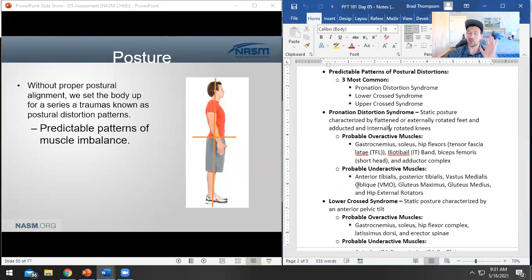Like we're looking for these specific things that are pretty common amongst all of our clients, right? It's like, we know sort of what problems are generally associated with postural distortions. So we call them our predictable patterns of muscle imbalance. And you want to have all of them memorized, right? You want to have a pretty good idea of what most people might be dealing with, right?